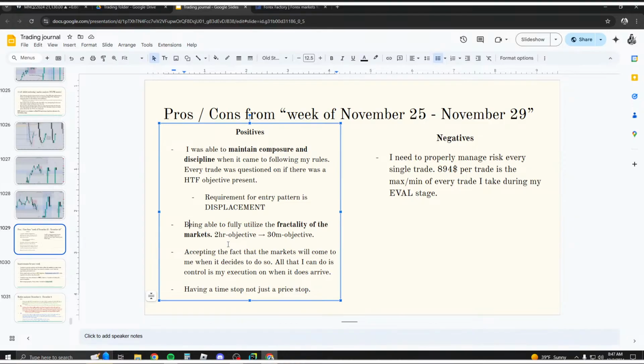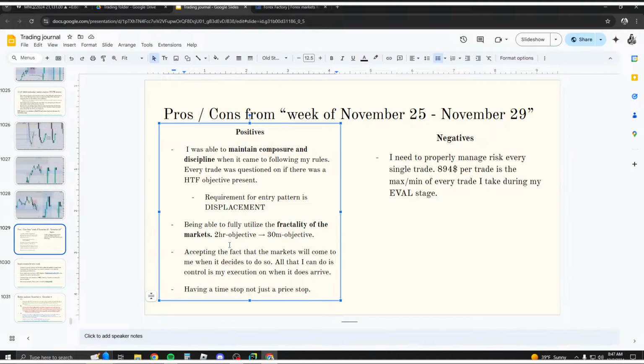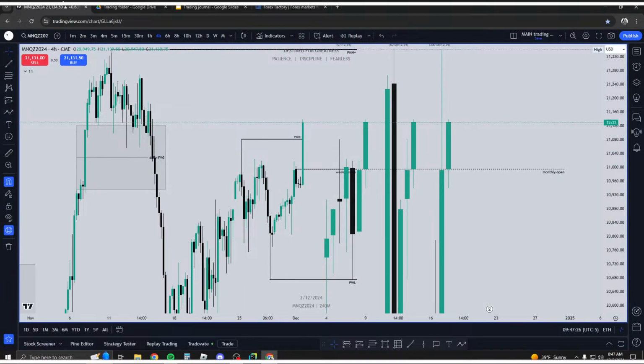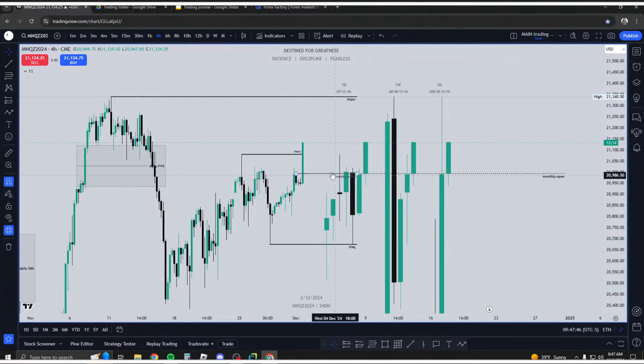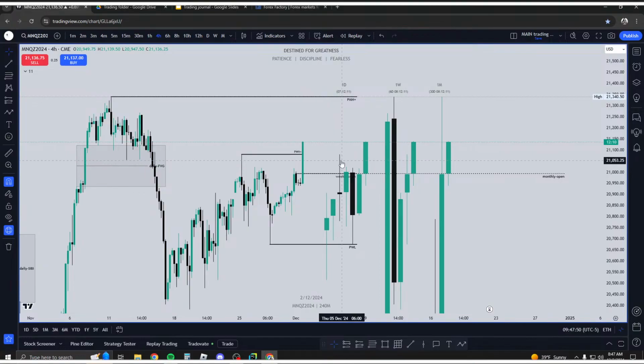Third, accepting the fact that the markets will come to me when it decides to do so. This basically goes back to the idea that you don't want to force anything onto the markets. I cannot force any models onto the markets. There's no way you can force, oh, I want to see higher prices here, I want to see lower prices. The markets are not going to listen to what you think. It's going to do what it wants to do.